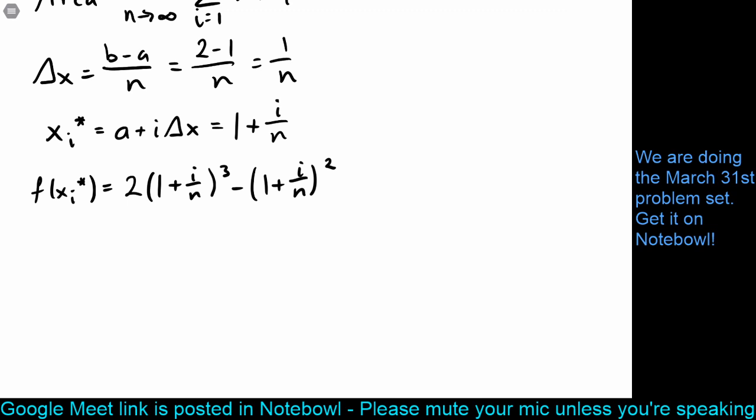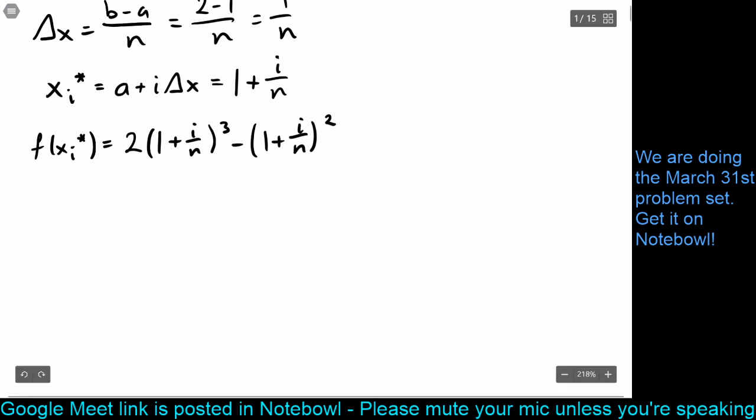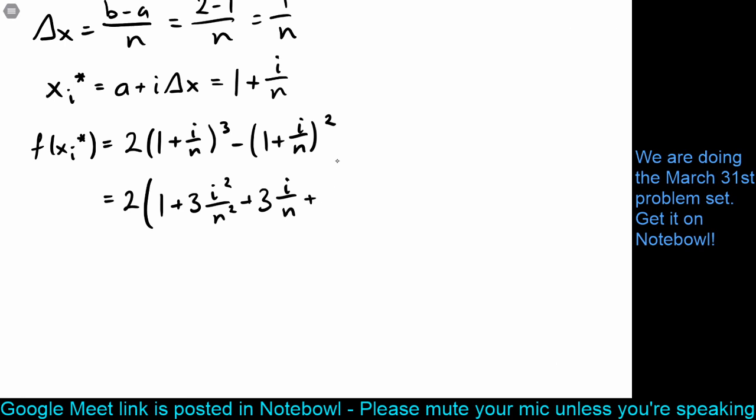Okay, so we need to expand this out. This is going to be 2 times, when you cube something, you can use Pascal's triangle to figure out the rules. So this is actually going to be 1 plus 3i over n plus 3i squared over n squared plus i cubed over n cubed. Sorry, I did this backwards. It was the other way.